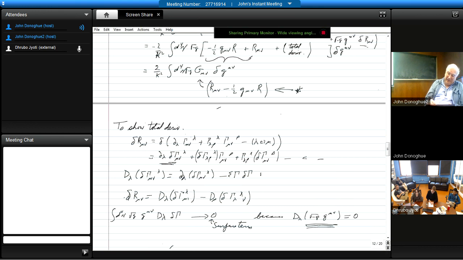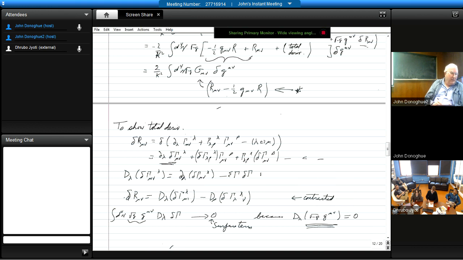Here I'm doing it in reverse. I've assumed this, and therefore my covariant derivatives on these other guys give 0, so it's a total derivative. Okay. So I've gone this direction. I will do this Palatini formulation. This actually has a name.